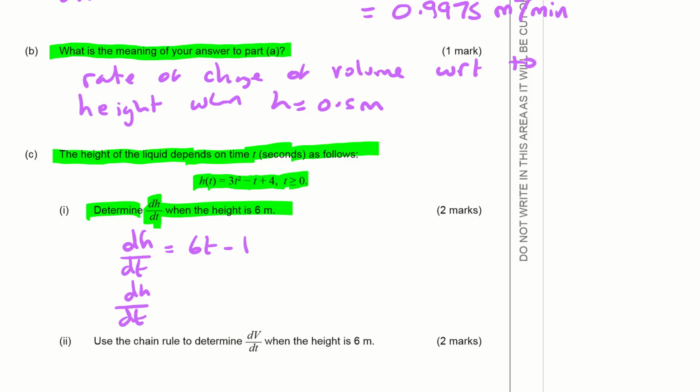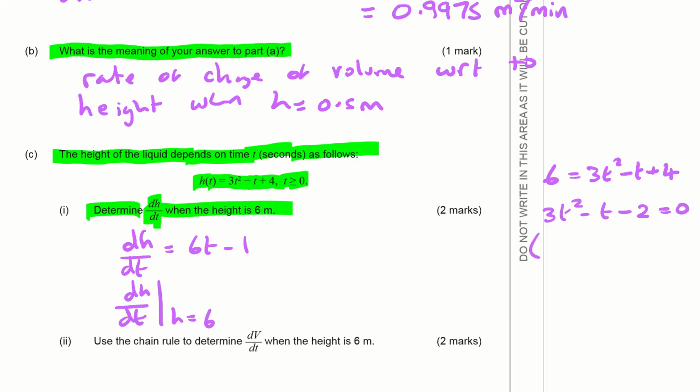dh/dt when h is equal to 6 is what we want. Well, let's think about h being equal to 6. So what we would get is 6 is equal to 3t squared minus t plus 4. That gives me 3t squared minus t minus 2 equals 0.